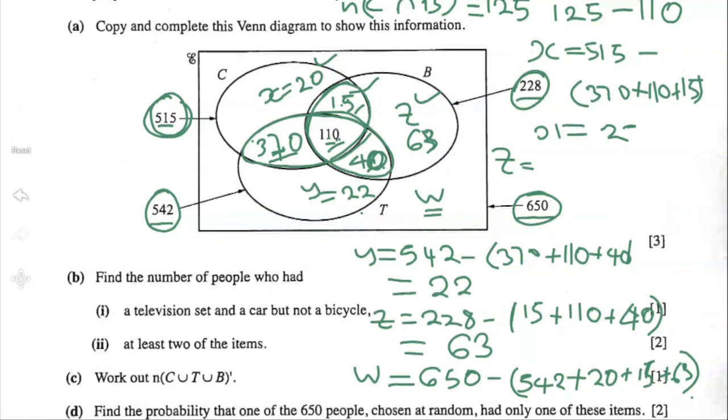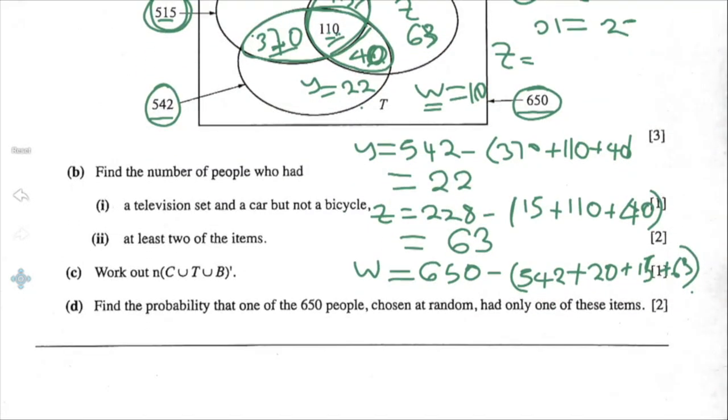So it's 650 minus 542 plus 20 plus 15 plus 63. You should be able to find the value of W there, which is 10. So that's the value of W.